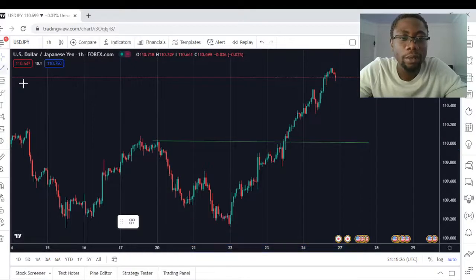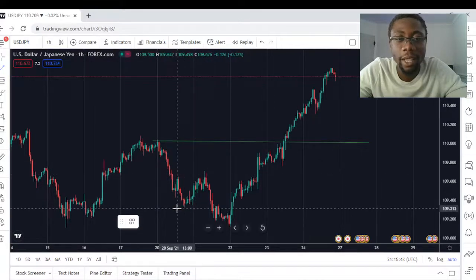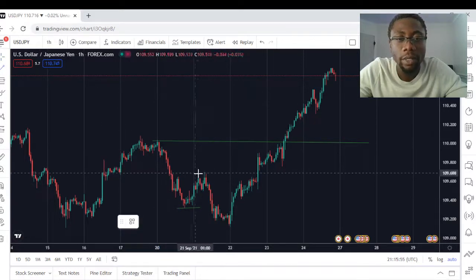We also, after that high was made, we got this level down here, which wasn't really significant because it just ended up coming all the way down here and actually closing for the day roughly around this area. But at any rate, this was the swing low at the moment, so we would draw that because it is the swing low.